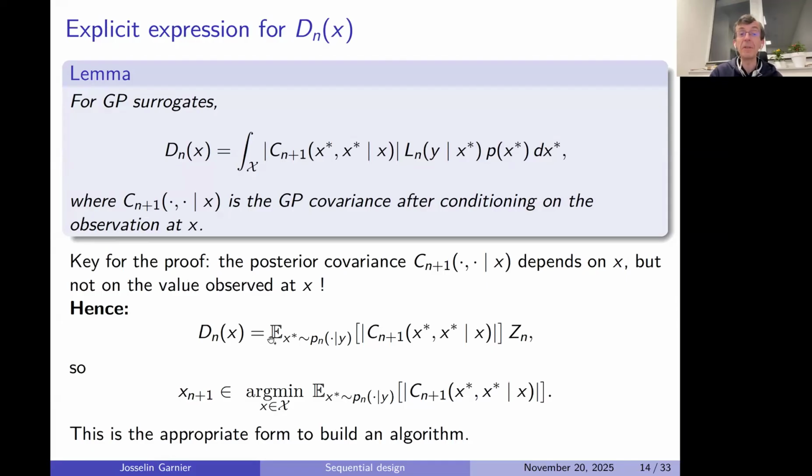So you may say D_n of x can also be expressed like that. And here you say, but the normalizing constant has reappeared. It does not matter, because we are only interested in the argmin. So now this is really a constant in terms of x, so you just have to look for the argmin of this expression.